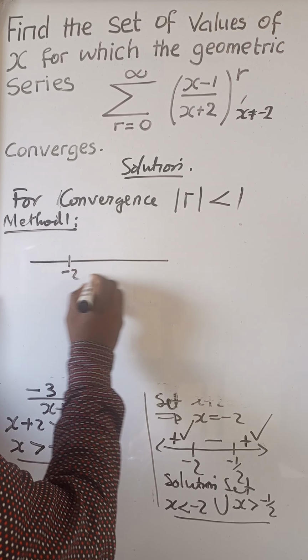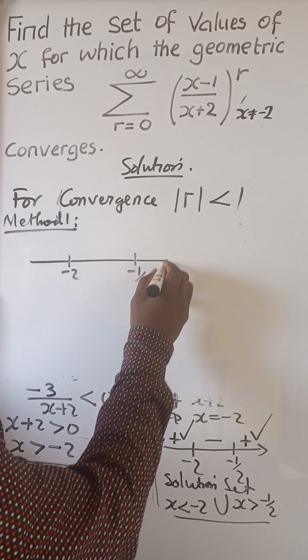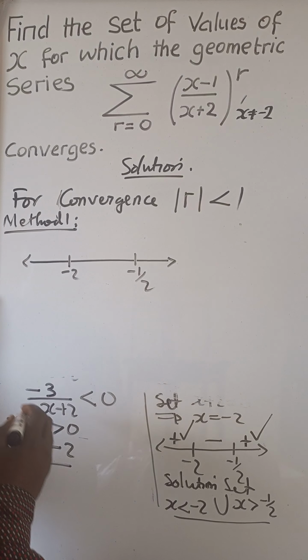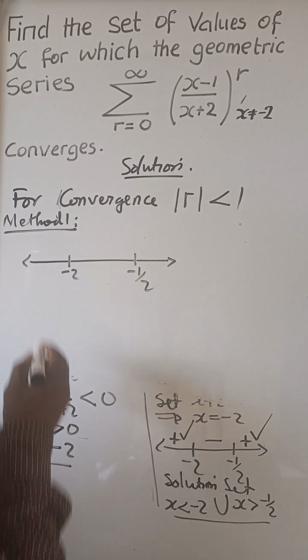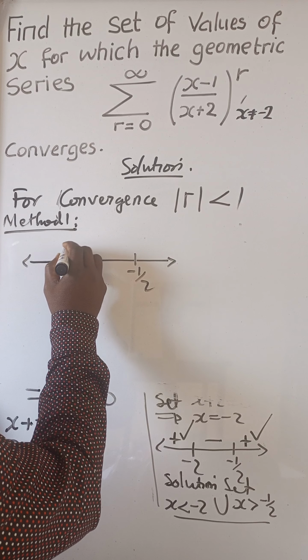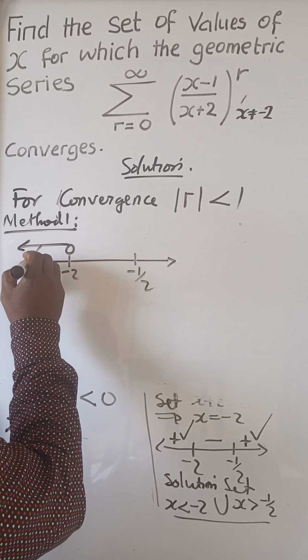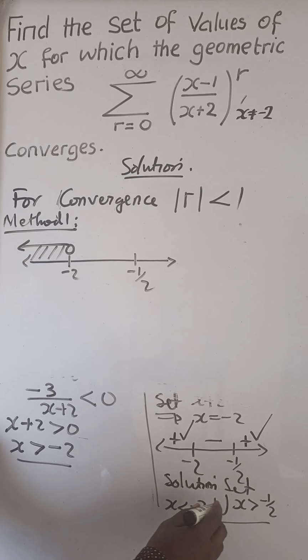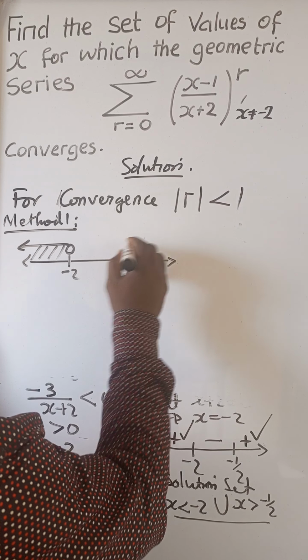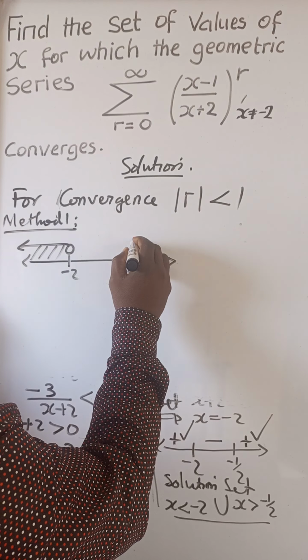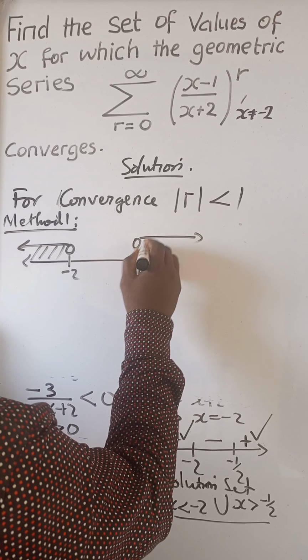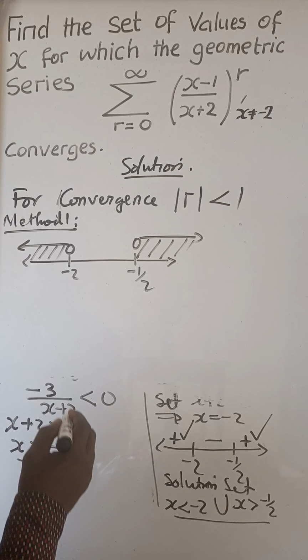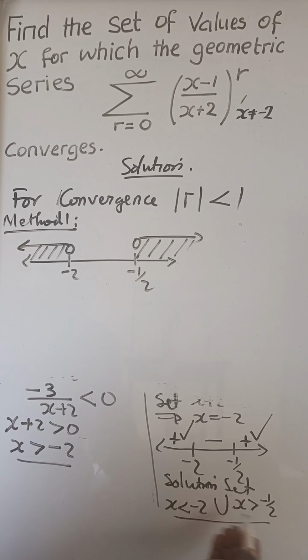We have negative 2, negative half. We have x less than negative half, open circle, and it goes that way. And we have x greater than negative 2, sorry, so we have our arrow going that way. This is the representation of this solution.